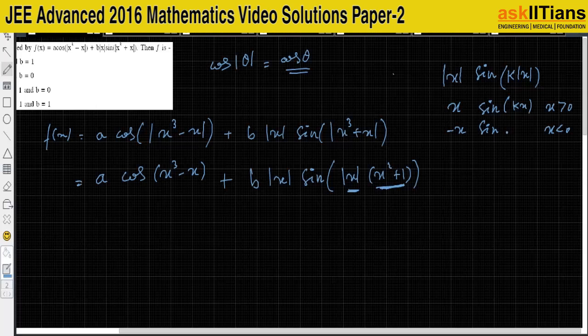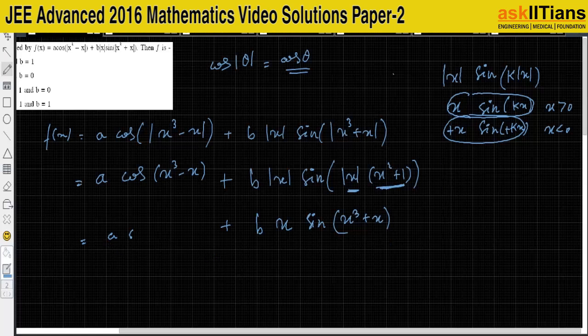So actually here I'll get sine of minus kx, and this minus sign will again come outside, and it will become plus again. So whether this mod opens with a plus sign or a minus sign, both of them will be the same. So instead of this, I can simply write b times x, again removing the mod, times sine of x times (x square plus 1), so x cube plus x. This is the function which was given to you, and now it looks much simpler than the question.